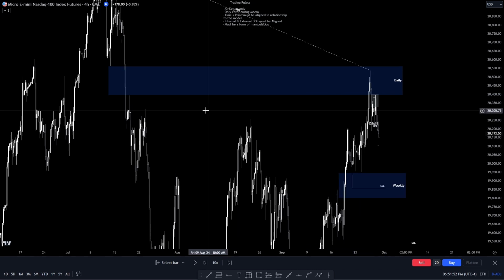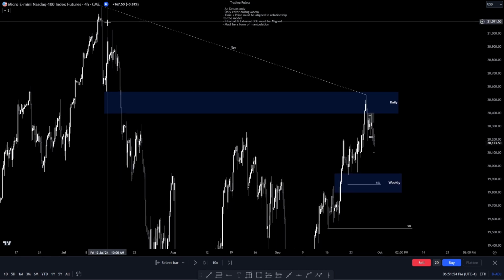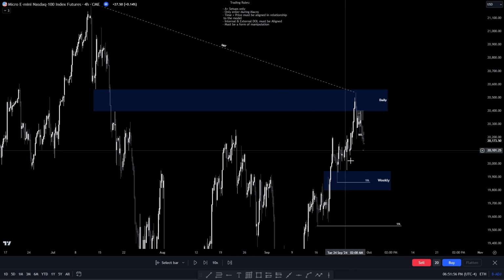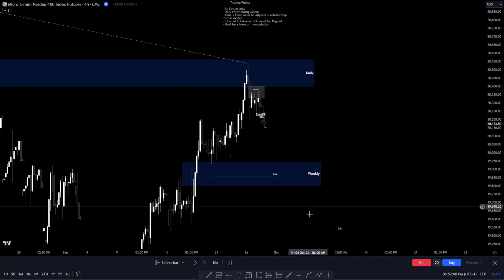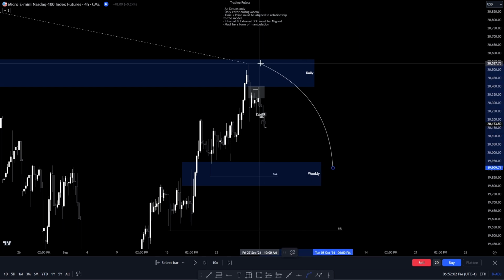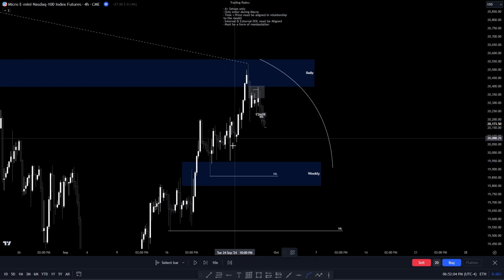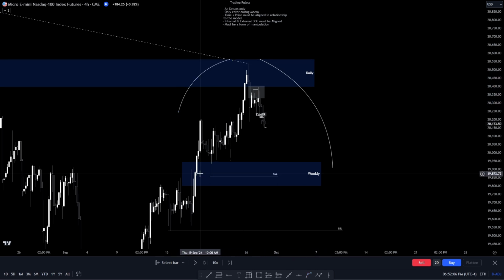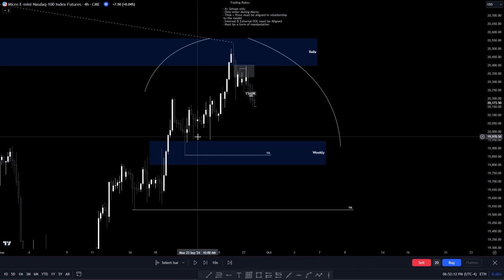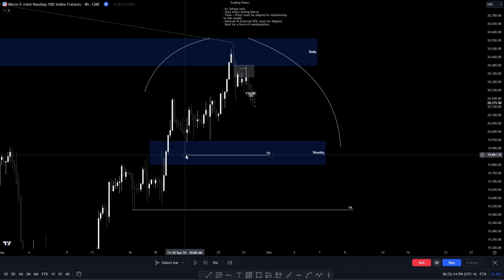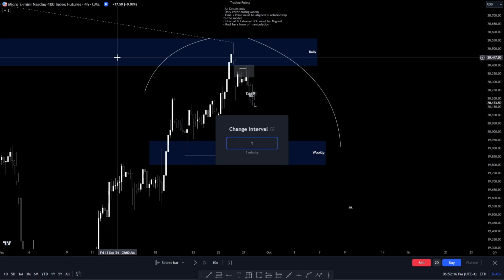We had swept all this other buy side. We had manipulation with ES, created SMT at the highs. So on the higher time frame, I was expecting us to form a market maker sell model to this weekly low. This sell side liquidity level represented the weekly fair value gap.